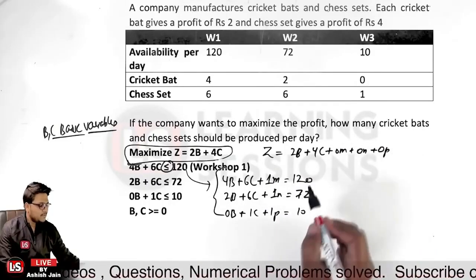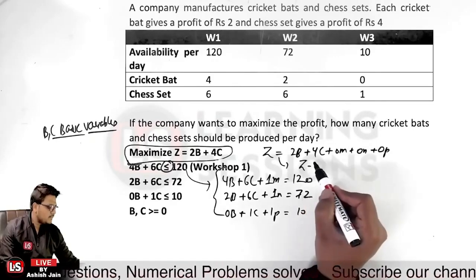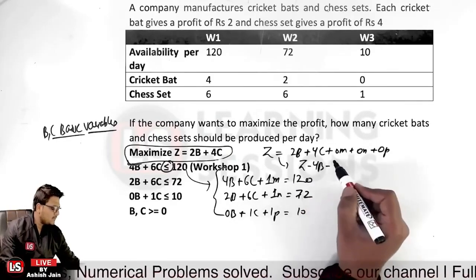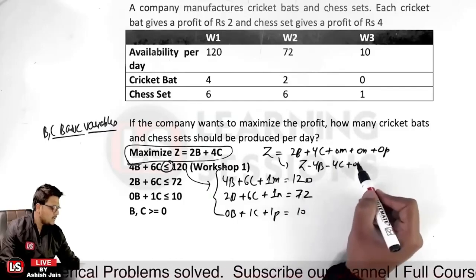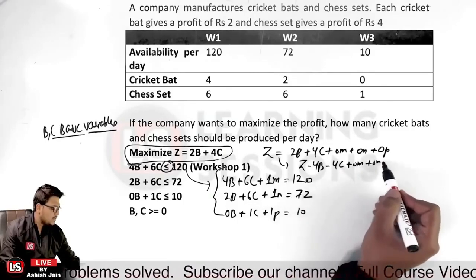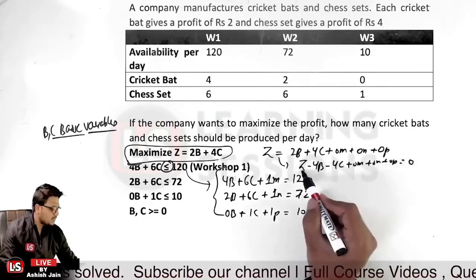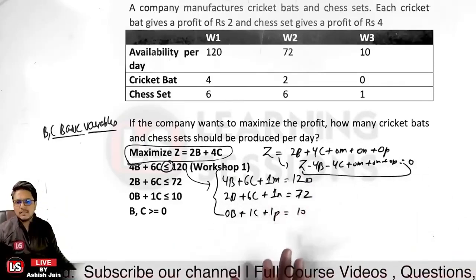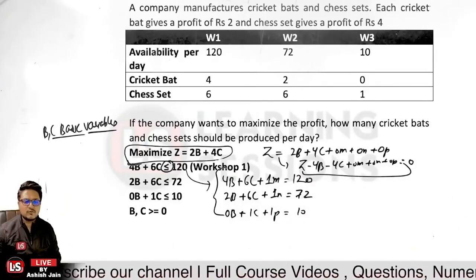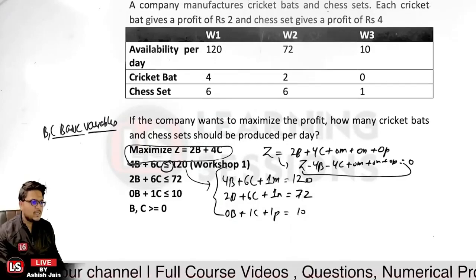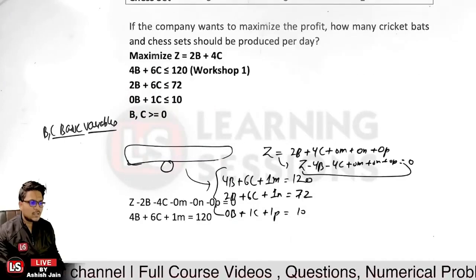We can rewrite it as z minus 2b minus 4c minus 0m minus 0n minus 0p is equal to 0. So these are our basic variables: z, m, n, p.